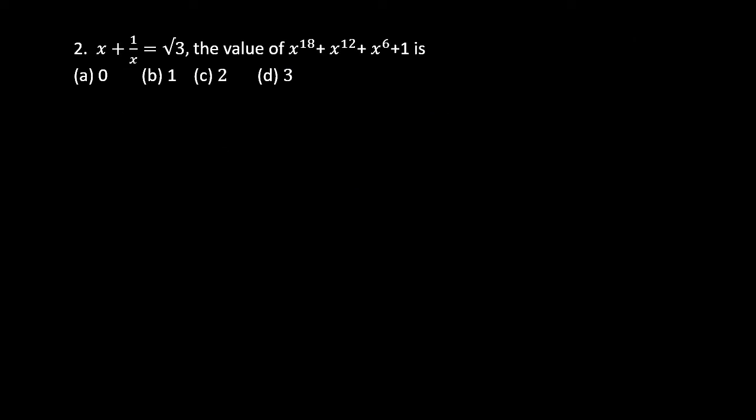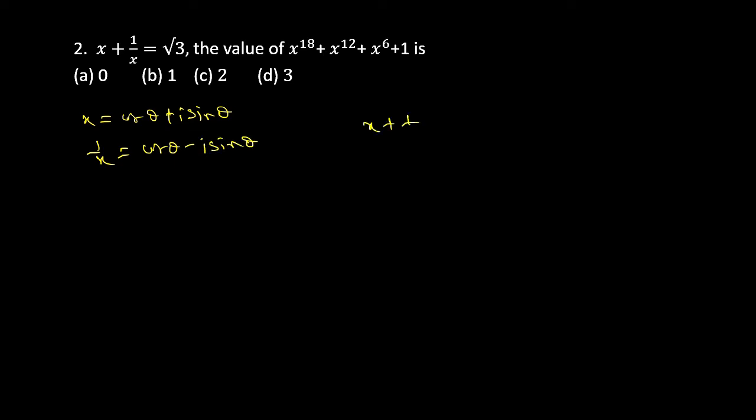Here x + 1/x = root 3. We have to find the value of x to the power 18 + x to the power 12 + x to the power 6 + 1. If we take x = cos theta + i sin theta, then 1/x will be cos theta - i sin theta.